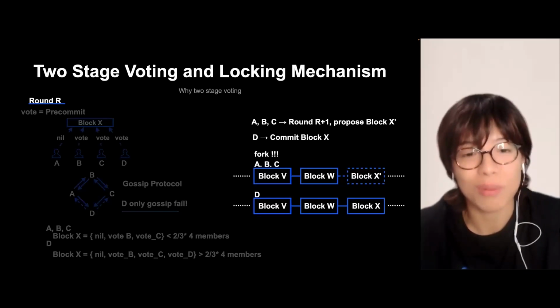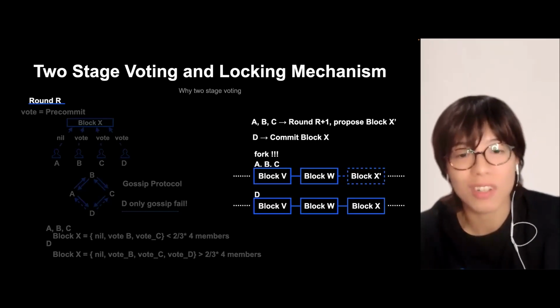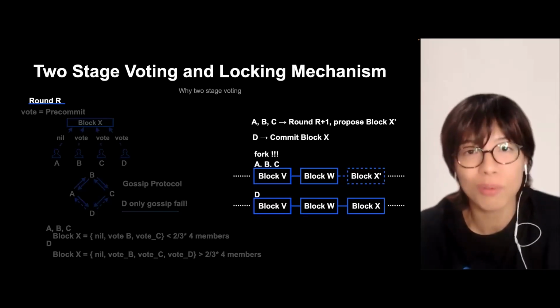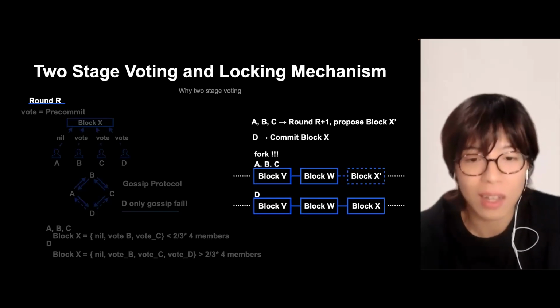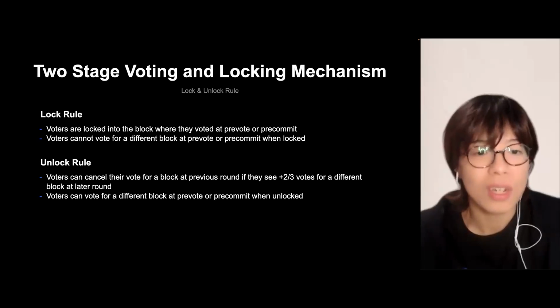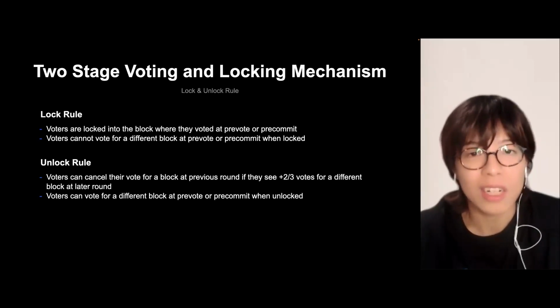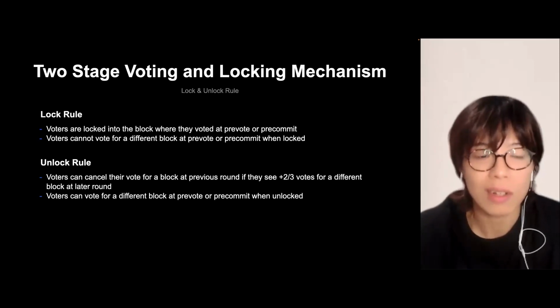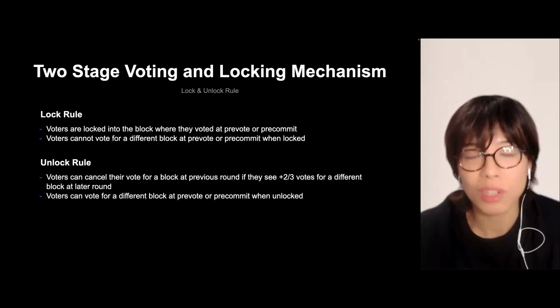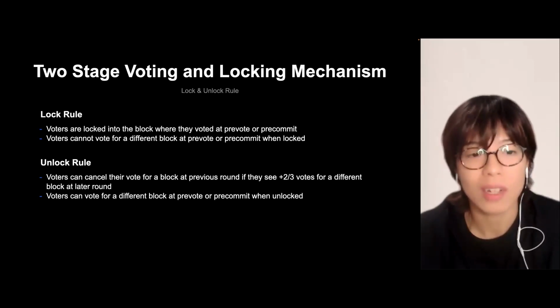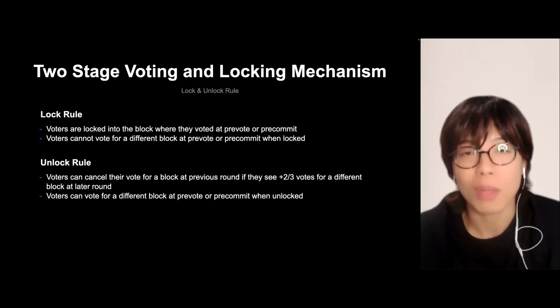In the first-stage voting, block X and block X' are at the same height and get added to the vote, so there's a fork issue. In order to avoid forming a fork, we created two-stage voting, and a lock and unlock mechanism was introduced. The lock rule is that one is restricted to making a vote on one block.